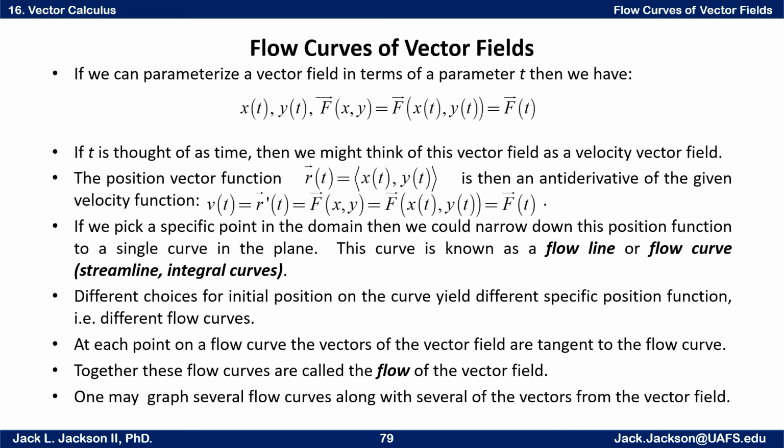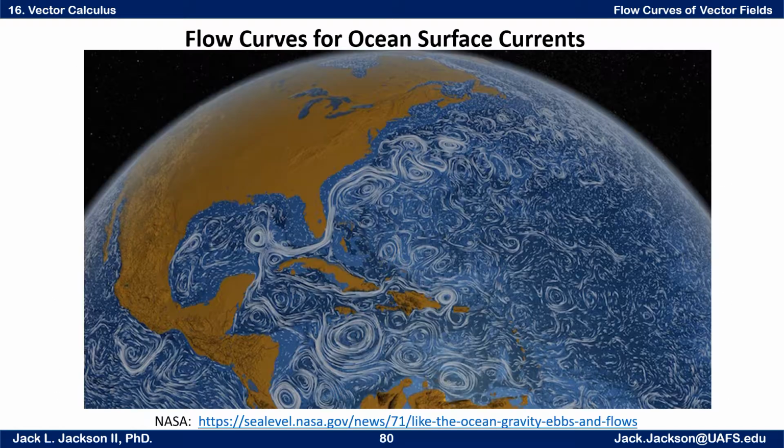Now these things show up a lot in lots of real-world settings. Here's an example of a set of flow curves from NASA, and these are flow curves of surface currents in a portion of the ocean, and you can see those put together here by NASA based on certain data that they have collected.